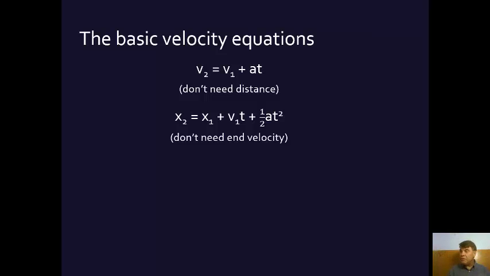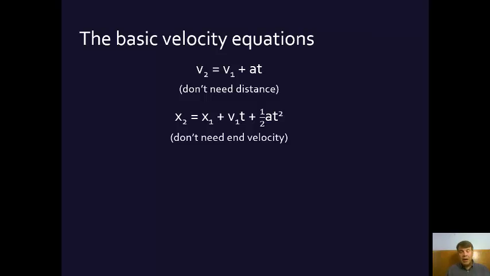But basically, if the road is completely straight, and you want to know the place on the road that you're going to end up, if you know the place where you started, the velocity you started with, the acceleration throughout that period, and the time, then you can solve for how far you're going to get in that amount of time, starting with that velocity and at that acceleration.